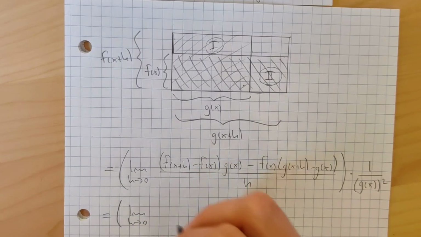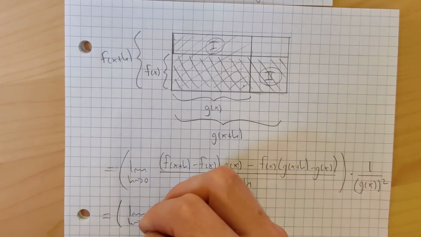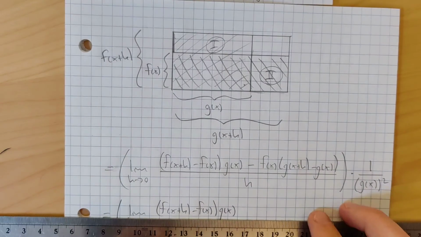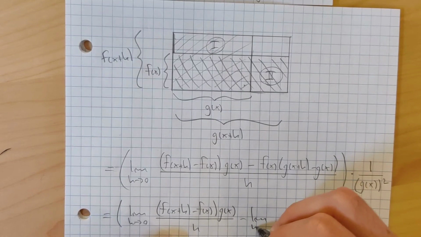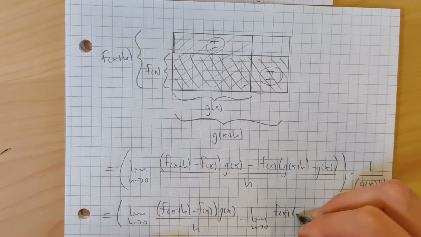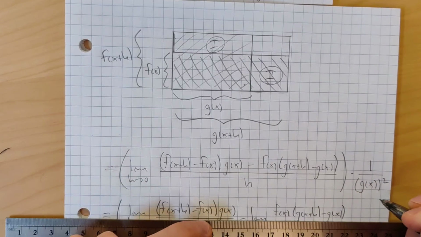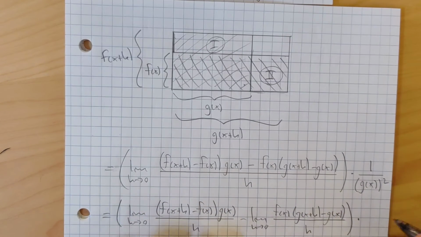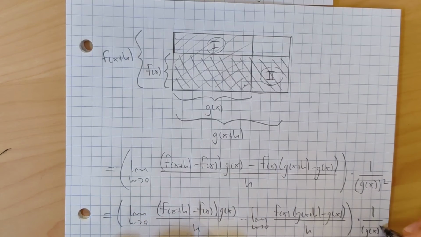Here, limit as h approaches 0 of, break this up, f of x plus h minus f of x times g of x all over h, minus the limit as h approaches 0 of f of x times g of x plus h minus g of x over h, still multiplied over here by 1 over g of x squared.